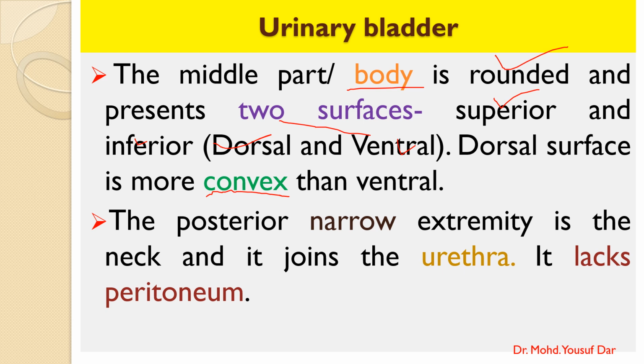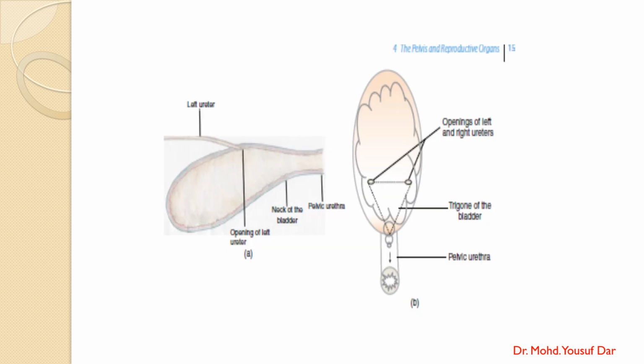Now the caudal end of the urinary bladder is known as the neck. ये narrow होता है, it's narrow and it joins the urethra, and this neck lacks the peritoneum.